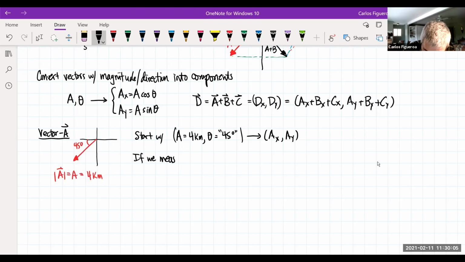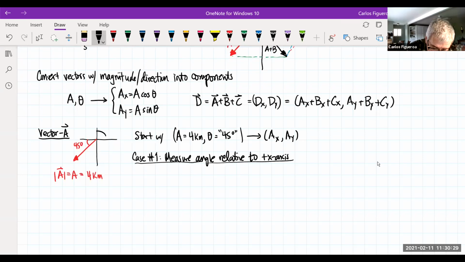So how about if we do it slightly differently? Now we're going to do case number 1: we measure the angle relative to the positive x-axis. What does this tell us? If you look at this, there's an angle of 180 degrees right there.